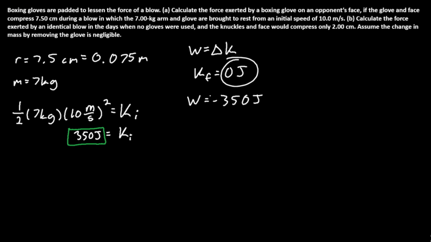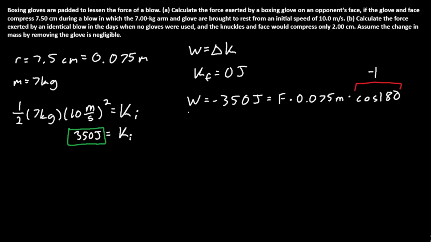So once we solve for the work, we can write down the formula for work, which looks like so: the magnitude of the force times the magnitude of the displacement times the cosine of the angle between them. The force exerted by the face onto the boxer's hand that's stopping the fist is going in the opposite direction of where the fist is displacing.